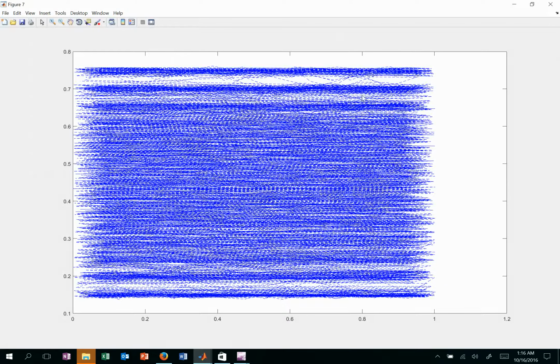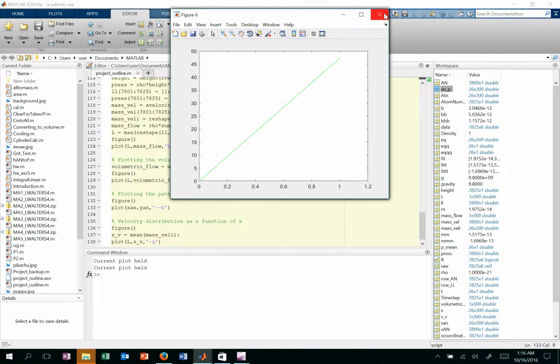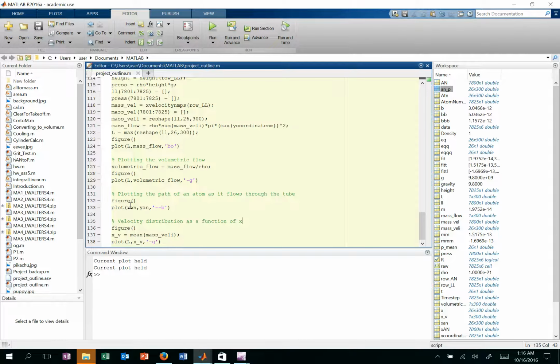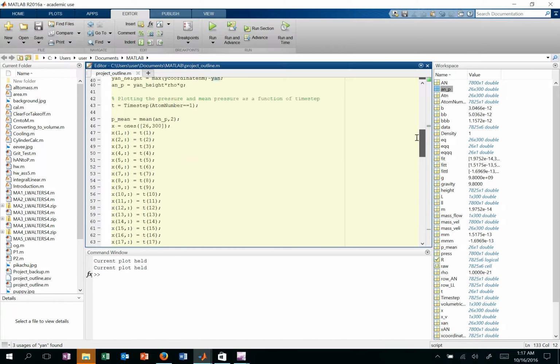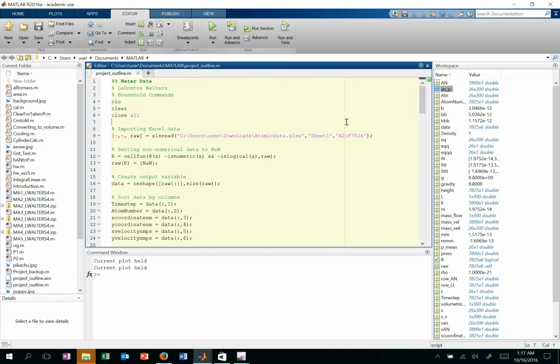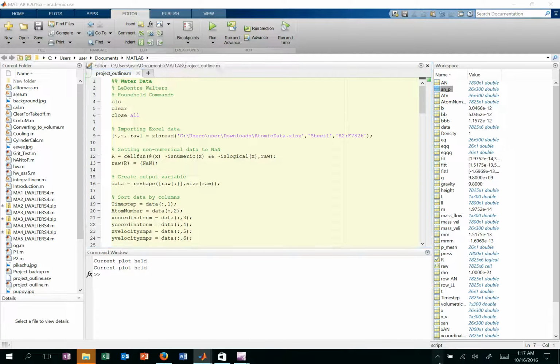Yeah, I really can't decipher anything from that, so I would say it's better to either do each individual one or find the mean and break it down into intervals so you can absorb the y coordinate as a function of distance. You'll be able to absorb more data from that. And that's basically all. Thanks for watching.